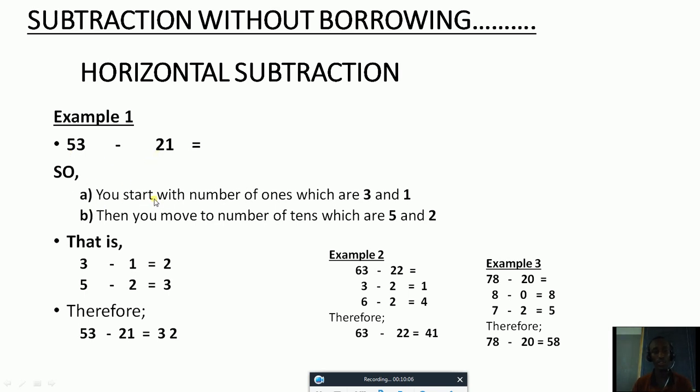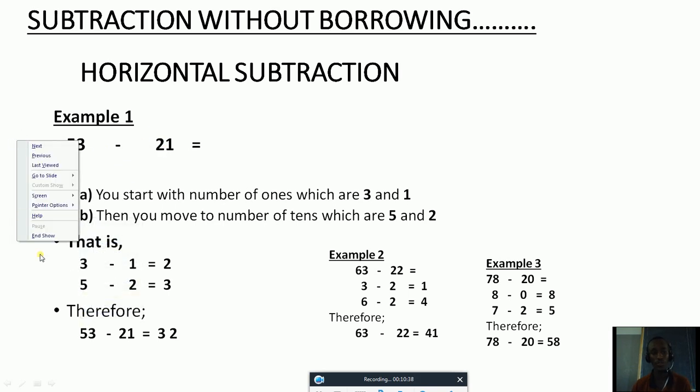So you start with the number of ones, which are 3 and 1. You draw 3 balls, then you cross 1 ball. Then we move to the number of tens, which are 5 and 2. So you draw 5 balls, the big number, then you cross 2 balls.